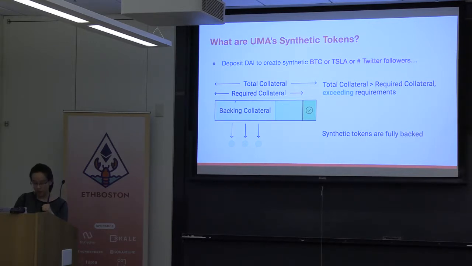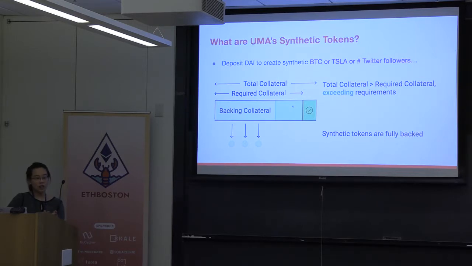And so a portion of that is going to be used as backing collateral to fund these synthetic tokens. In addition, you're going to be required to have at least the required amount of collateral. So you have to have total collateral in excess of that. You have to exceed the total required collateral for your token facility.